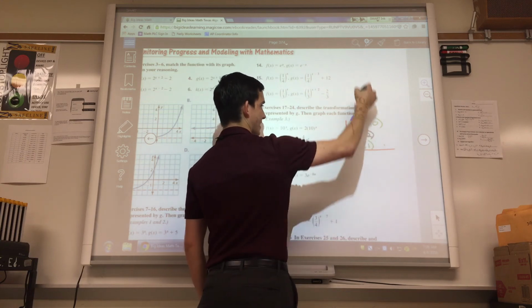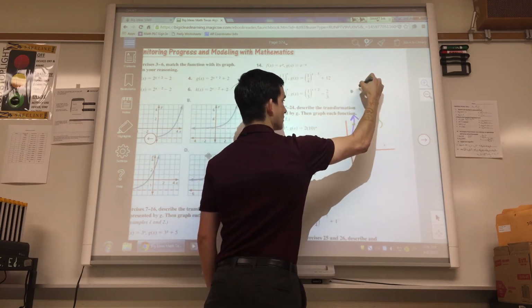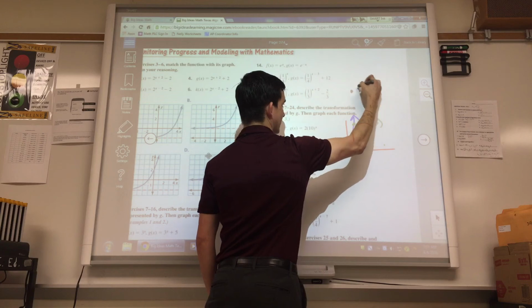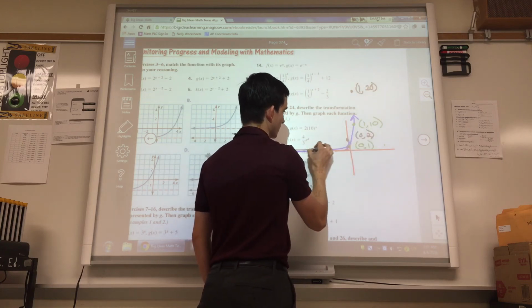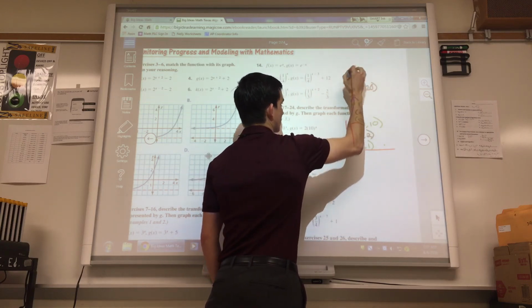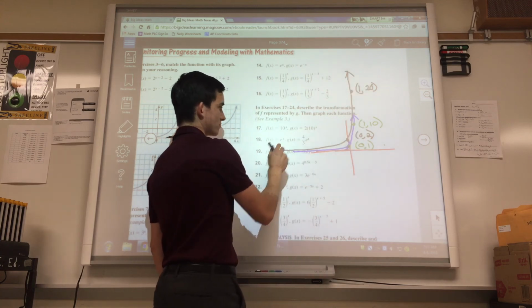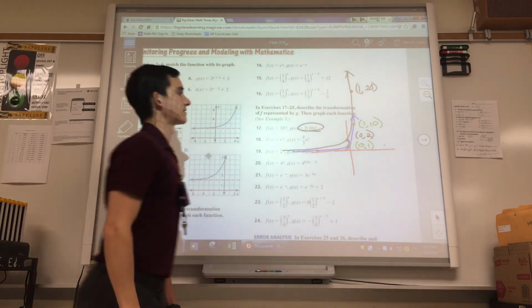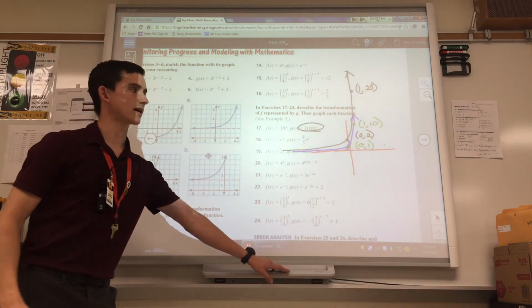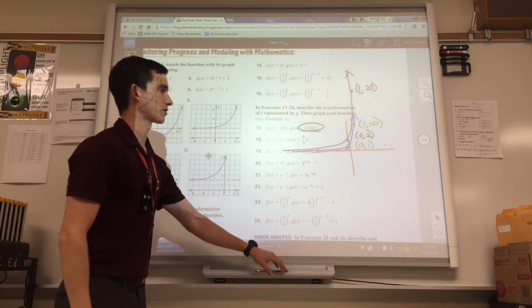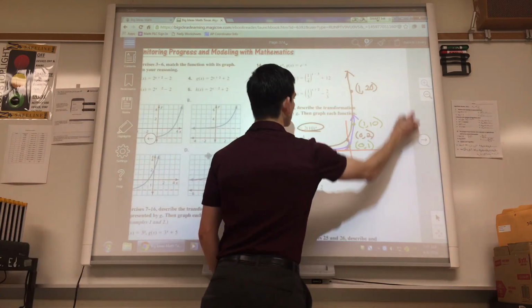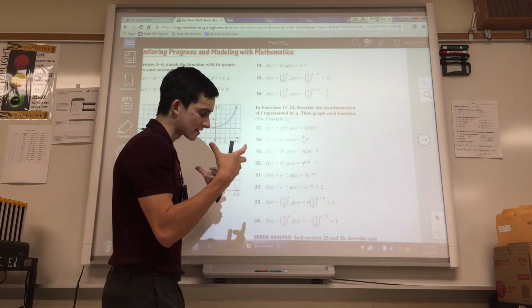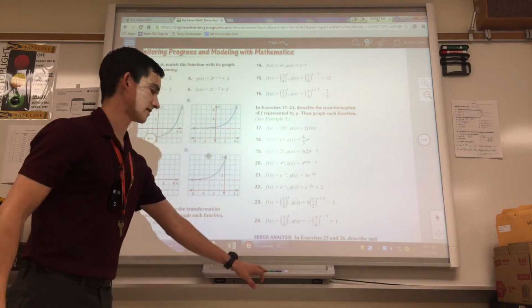And then it would also pass through 1, 20. It's twice as steep. And that's what it would mean to be stretched by a factor of 2 right there. Okay, I know that looks probably like a terrible graph, but it is what it is. If you go back and listen to what I'm saying, the concepts still remain there.